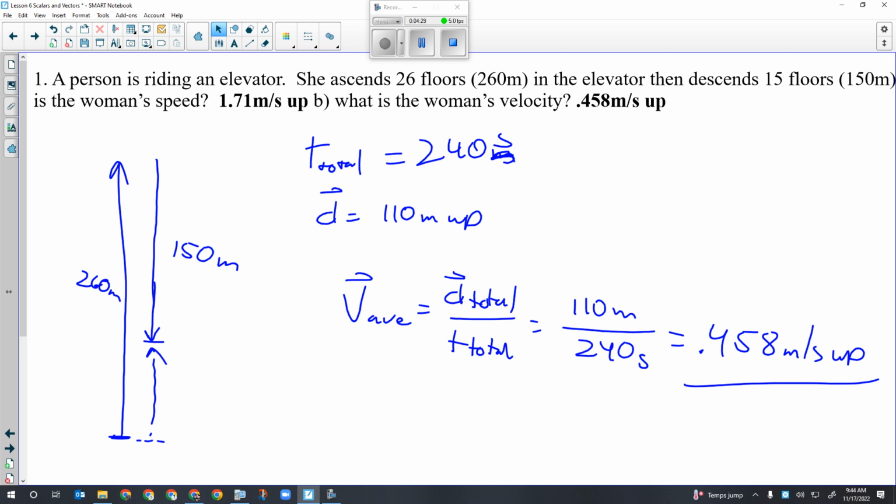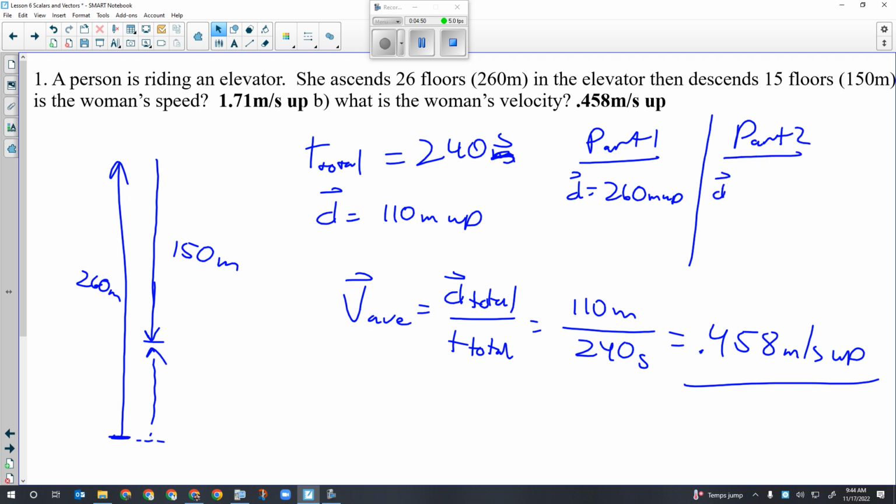That meant it wasn't a time for part 1 or part 2, it was the total. Writing down my givens the same way I always do: in part 1, the displacement is 260 meters up; in part 2, the displacement was 150 meters down; and the total time is 240 seconds.